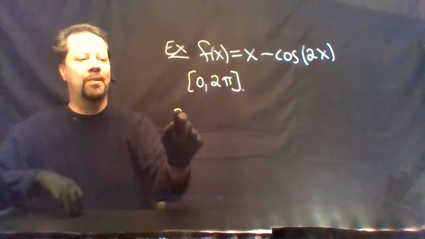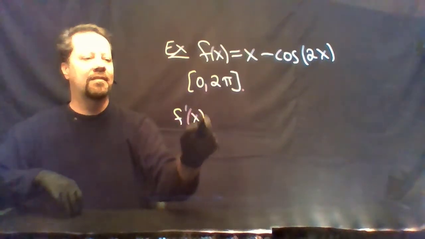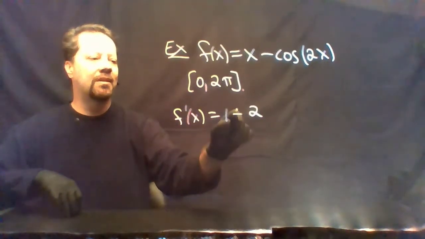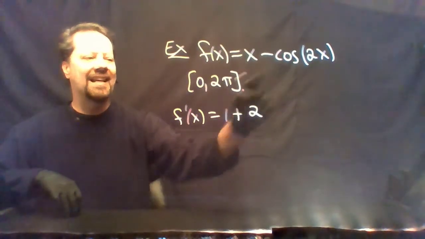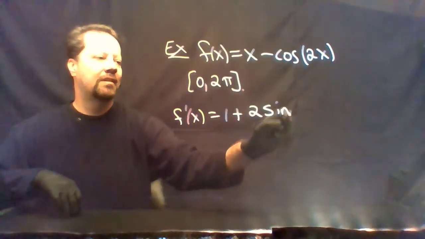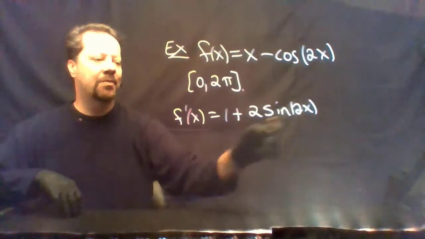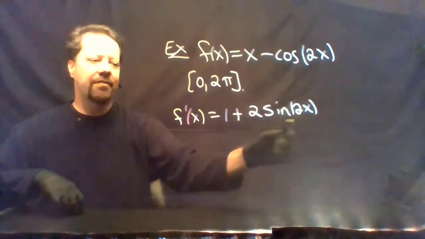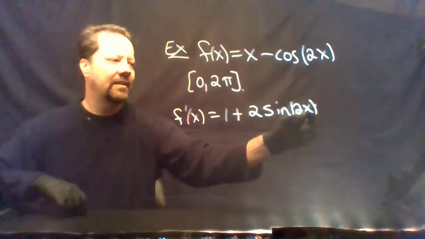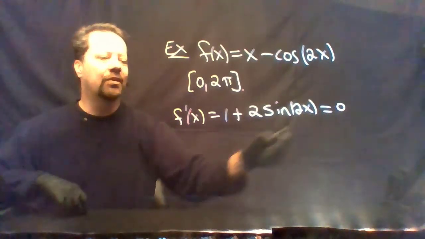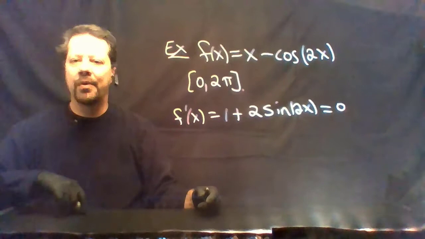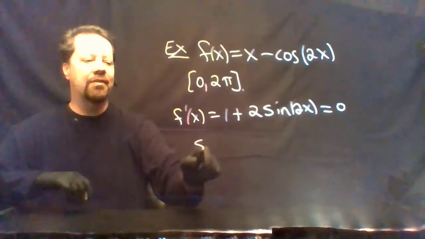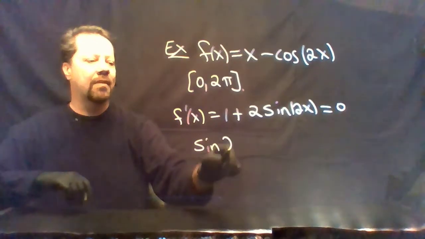To find the critical points, calculate the derivative and get 1 minus 2 times negative sine of 2x. When we subtract a negative, we get a positive. This is differentiable everywhere. So the only kind of critical point that you can have is one where the derivative is 0. So we'll set the derivative equal to 0 and solve for x.